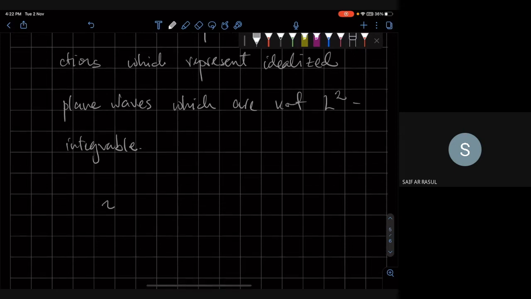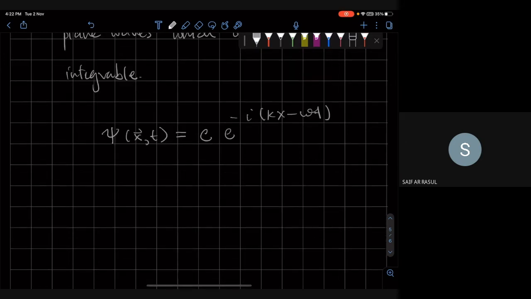And these are essentially the plane waves that we saw. So there's some constant times e to the power minus i(kx minus omega t), right? So it should be obvious that if I take psi star psi, that is a constant, and therefore this is not L2 integrable, right?